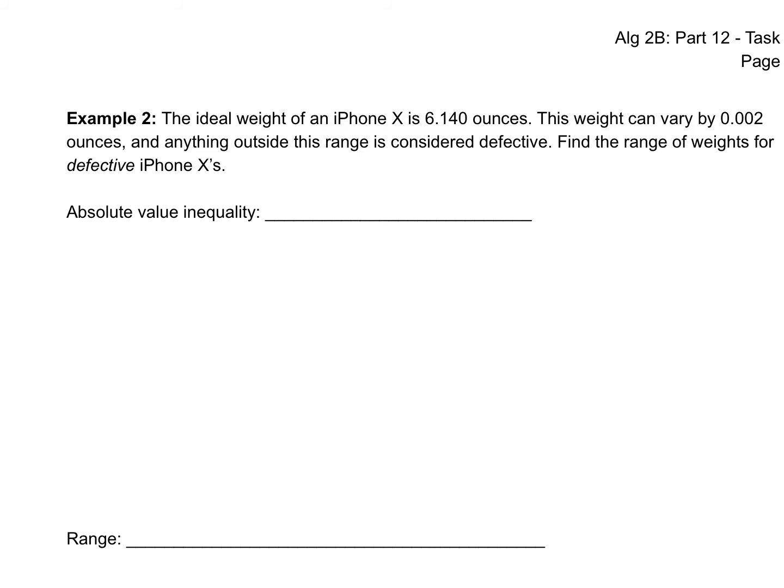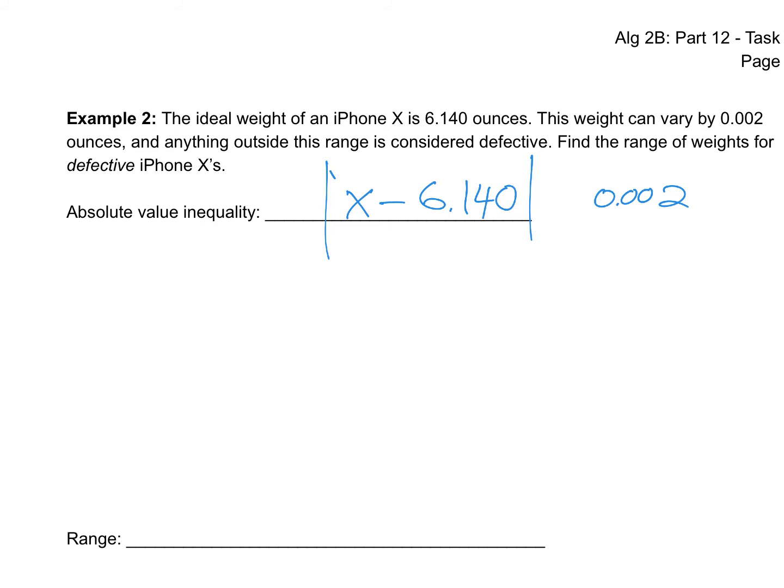Okay, so again, we start with our variable. We don't know the weight of a particular iPhone 10 that a factory produces. We want to find out how close it is to what it's supposed to be, but we only care about the positive difference, and it can be within an error of 0.002.